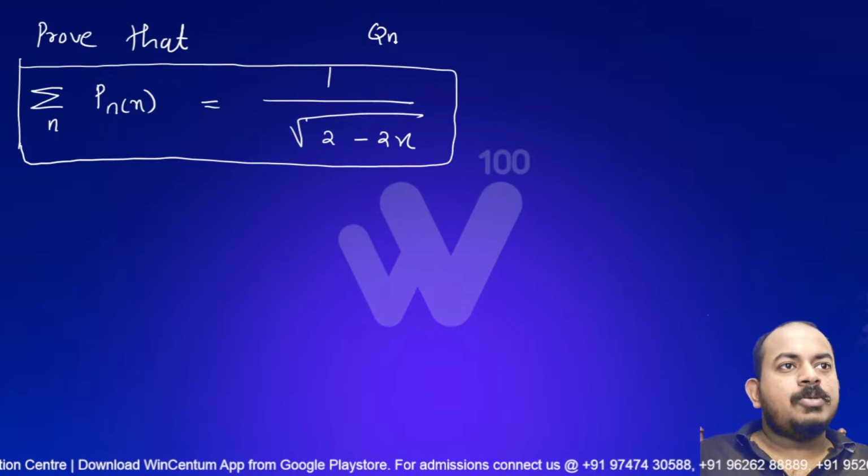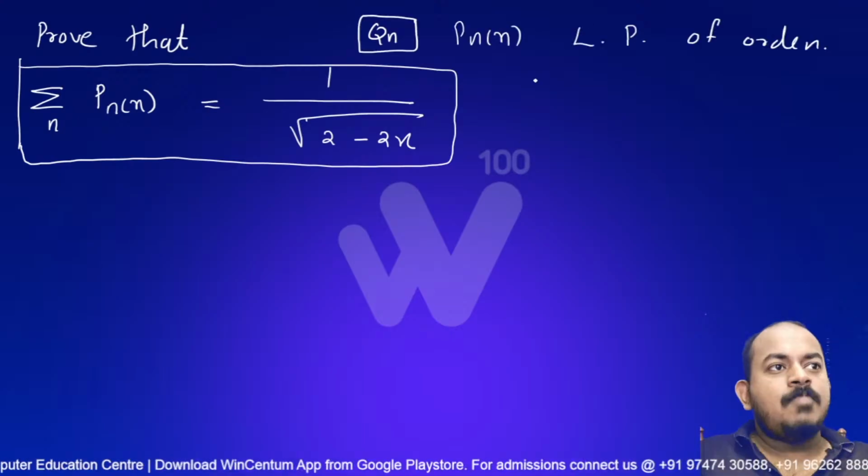Let Pn of x be Legendre's polynomial of order n, and given by a generating function. The generating function can be given, or sometimes they won't provide the form of the generating function, so we have to learn it by heart. What would be the form of the sum over n of Pn of x?